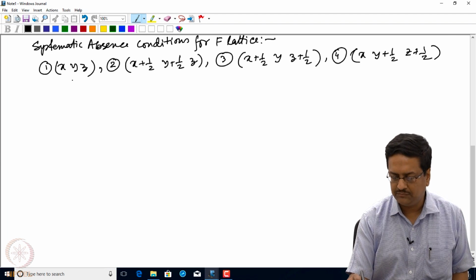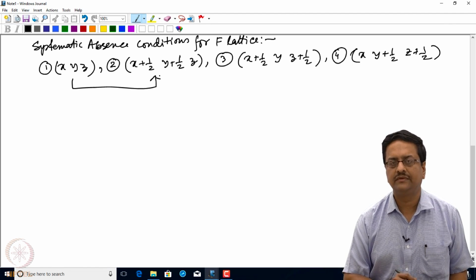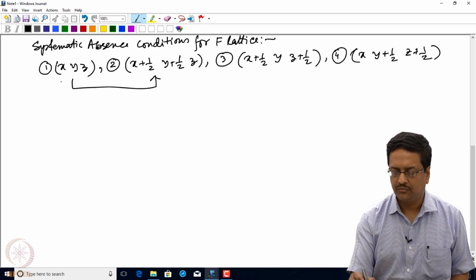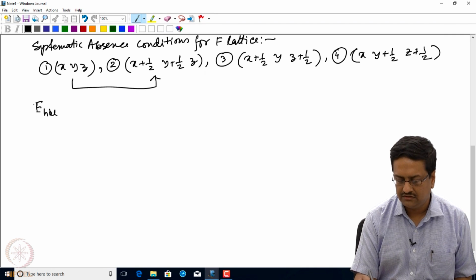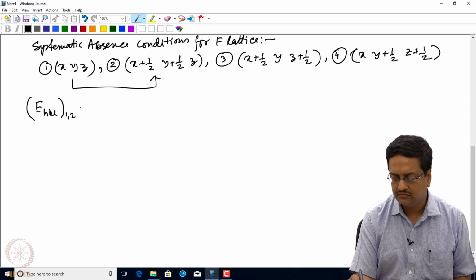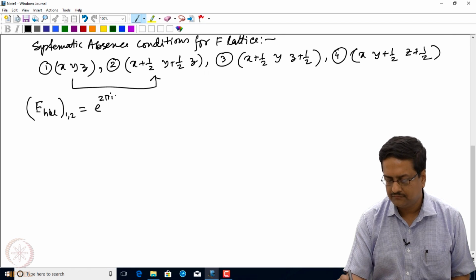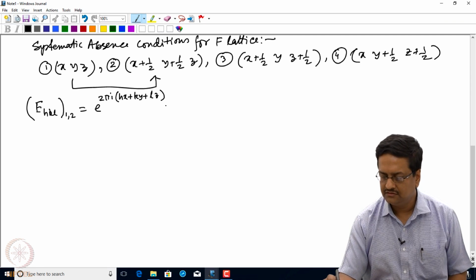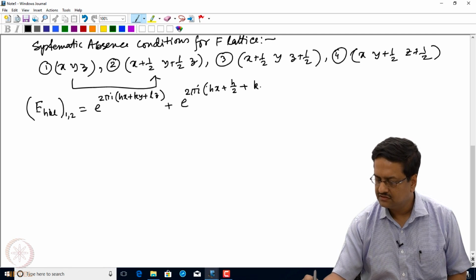So now if we first apply and try to calculate the systematic absence condition for the point 1 and 2, we should write E HKL between point 1 and 2 is nothing but e to the power 2 pi i (Hx plus Ky plus Lz) plus e to the power 2 pi i (H(x plus half) plus K(y plus half) plus Lz).